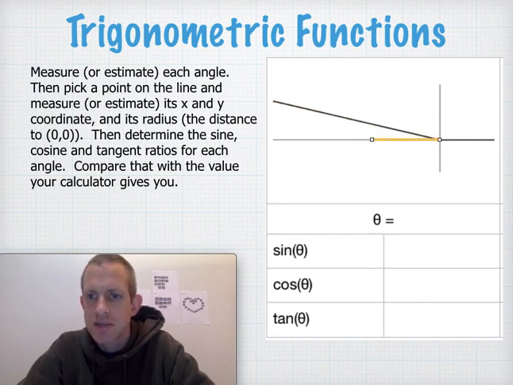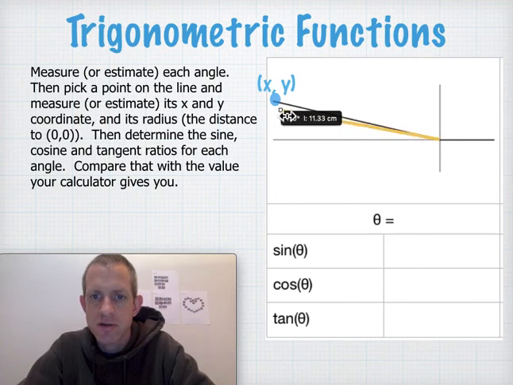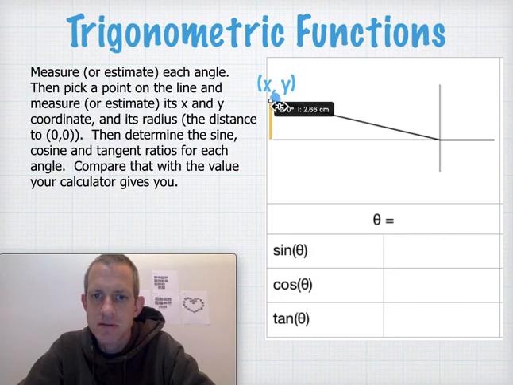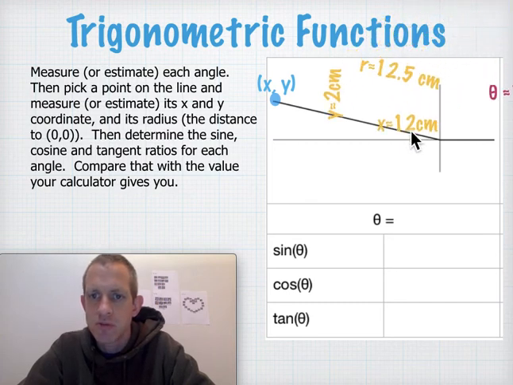And let's pick a point on this and measure, first of all, what its radius is. So its radius is about 12.5 or so. If I measure its width, that's about 12 centimeters. And if I measure its height, that's roughly 2.5, 3, somewhere in there. So let's label all those.